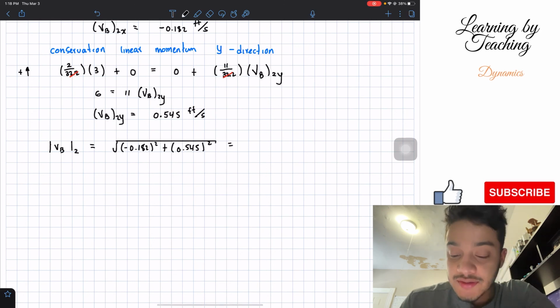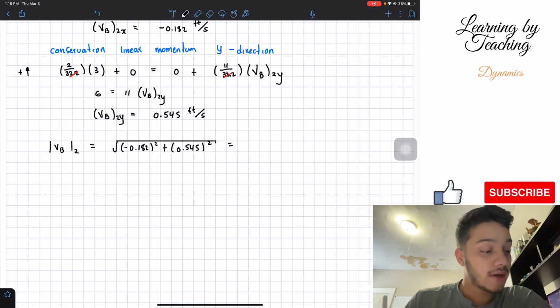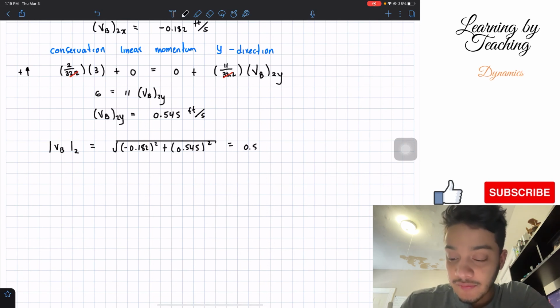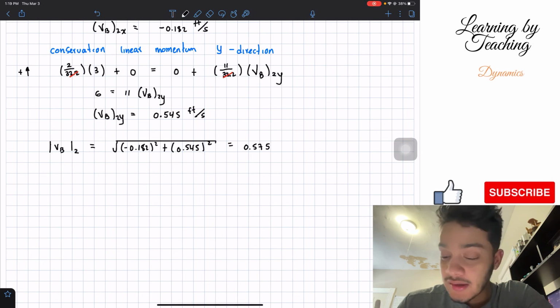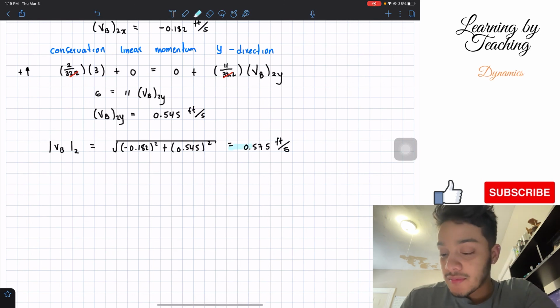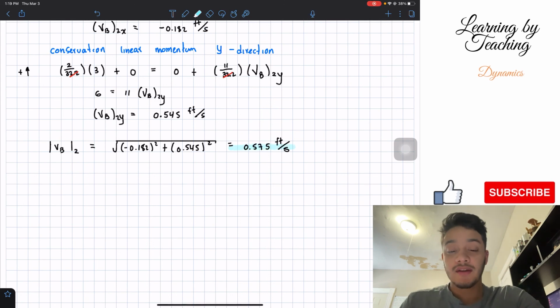And if we plug this into our calculator, we will get a total of 0.575 feet per second. Okay, and this will be our final velocity or speed for our disk B.